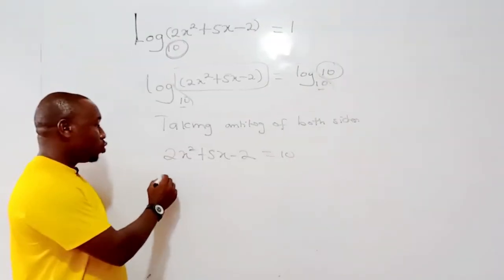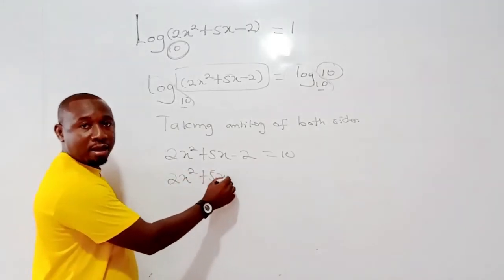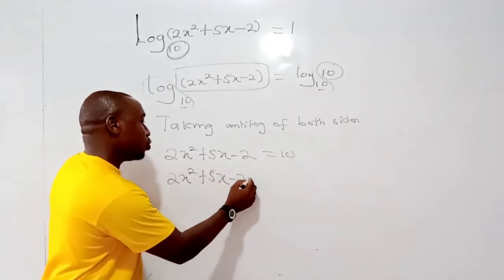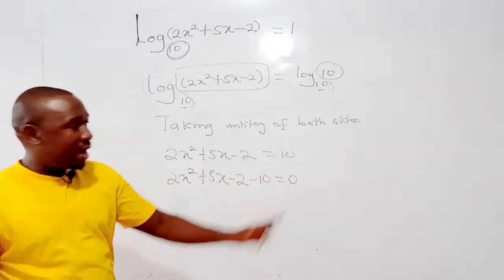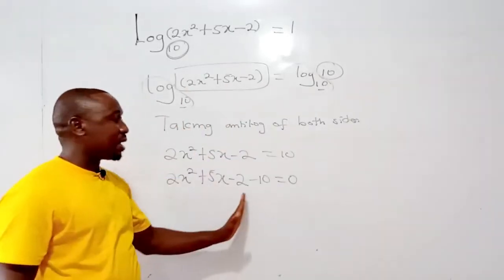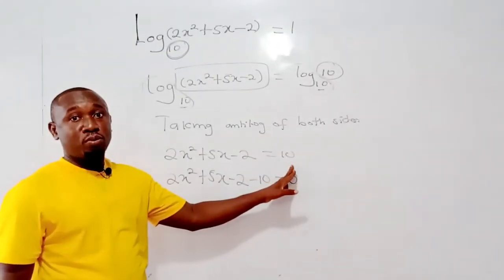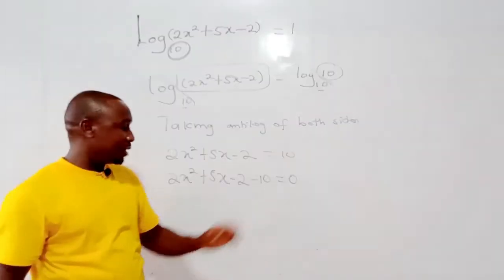And that will be 2x squared plus 5x minus 2 minus 10 is equal to 0. That is, when you move 10 to the left hand side, it becomes negative because originally it was positive here. So when you move it to cross the equal sign, it becomes negative.